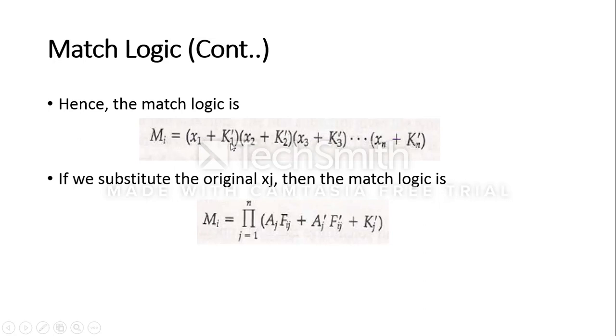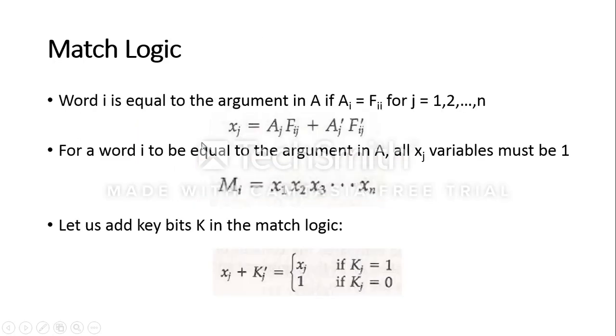Now this is just for one bit of the match register, that is mi. For xj also, we have this value x nor of aj and fij.